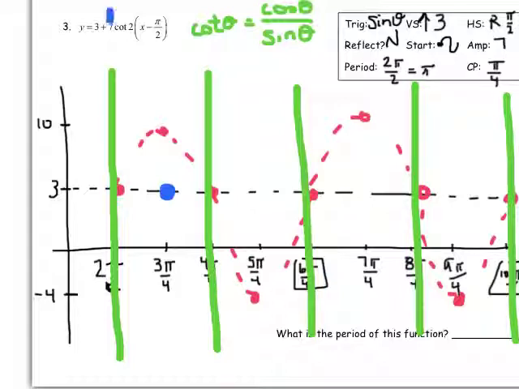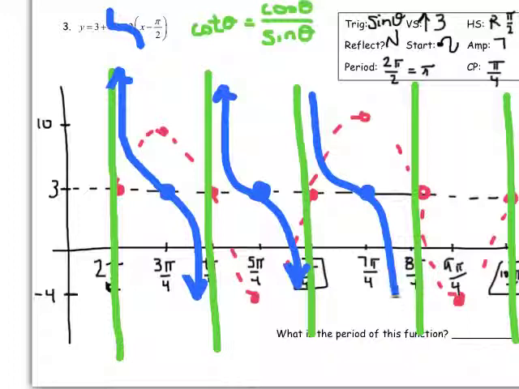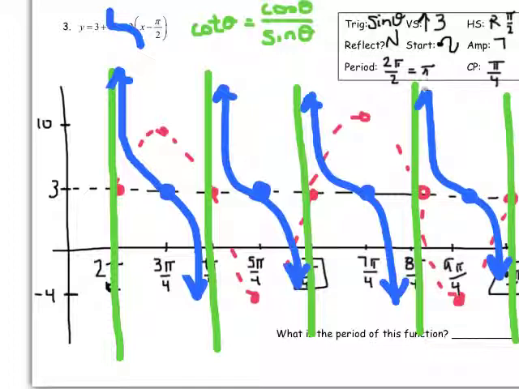And cotangent is the decreasing one. So I'm going to start up and decrease down. Okay. All right, and that's it.